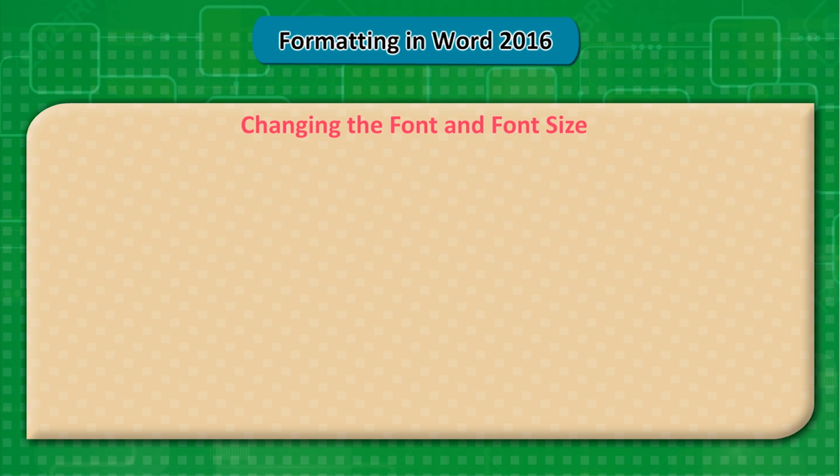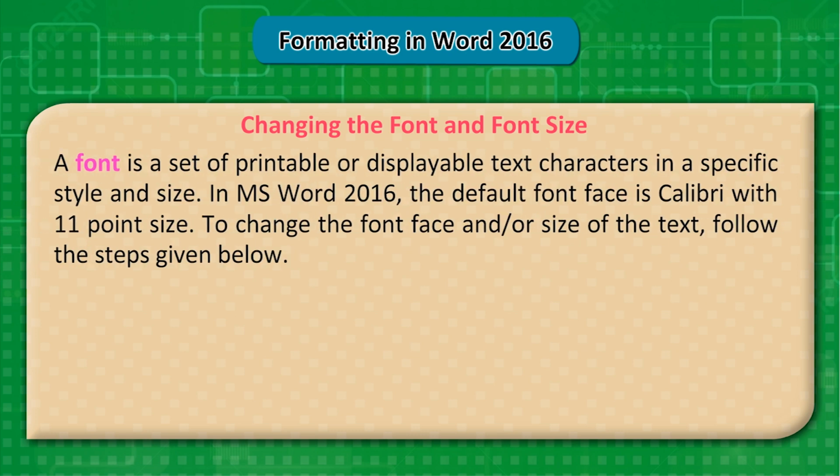Changing the font and font size. A font is a set of printable or displayable text characters in a specific style and size. In MS Word 2016, the default font face is Calibri with 11-point size. To change the font face and/or size of the text, follow the steps given below. Step 1.